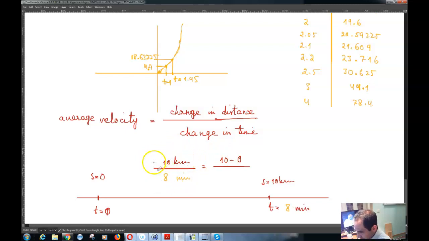Now you can write this fraction as 10 minus 0 over 8 minus 0. And this is the change in distance, and this is the change in time. Over here you can see that this is your distance, so this is the vertical change.